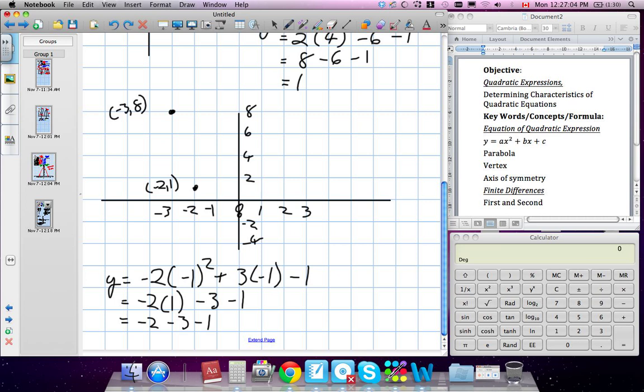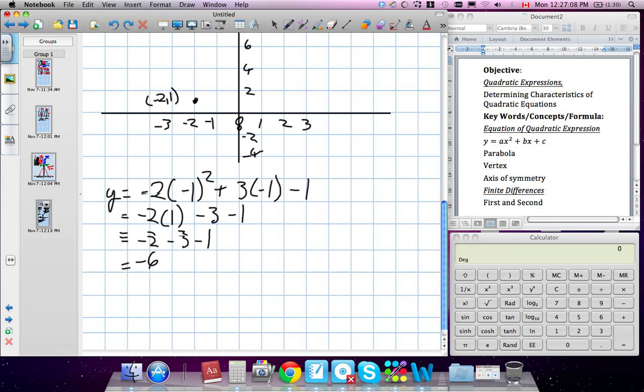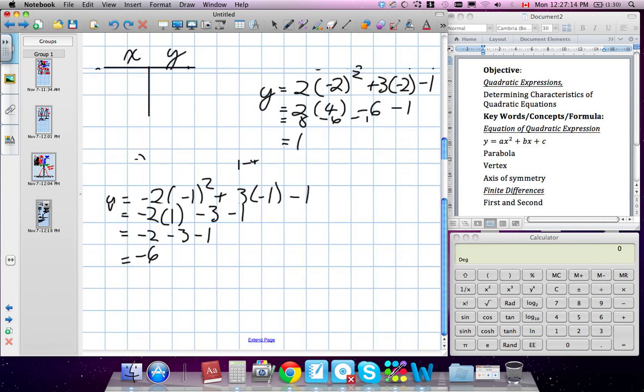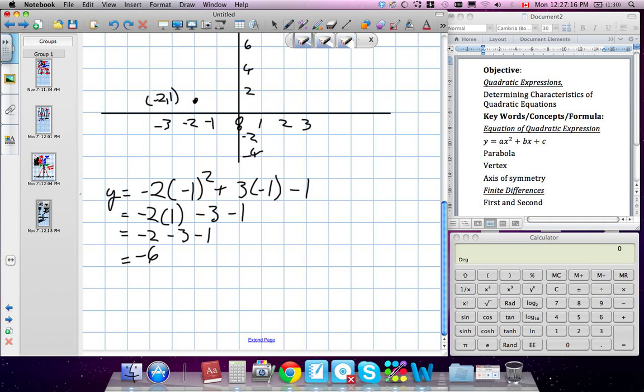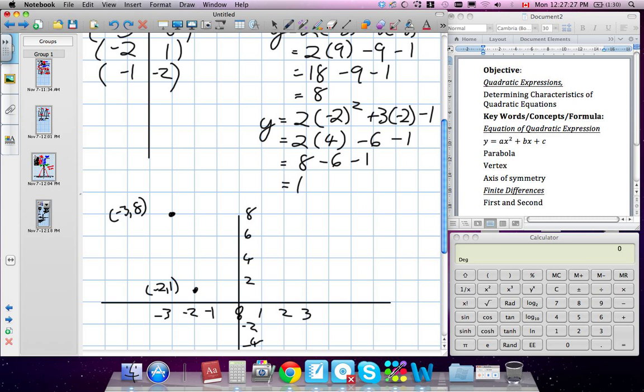That's negative 2. So at negative 1, y is negative 2, which is here.